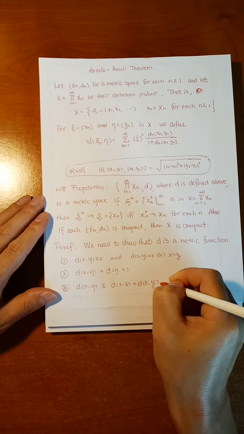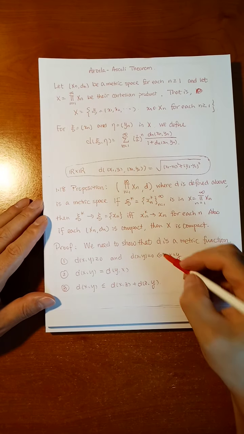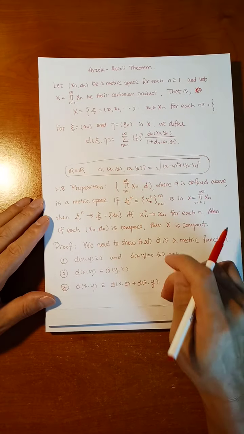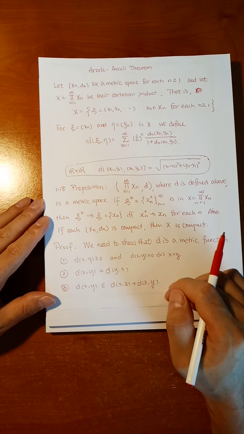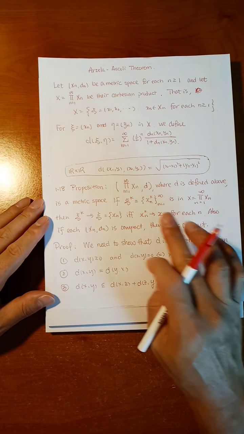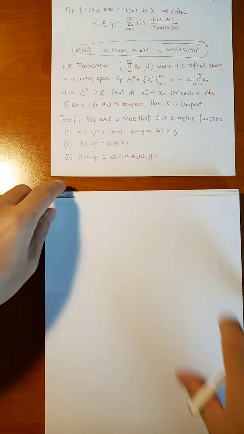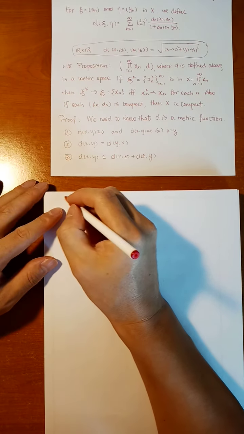Usually the first and second conditions can be verified easily or trivially. We just verify the third condition, the triangle inequality, for this D. Actually, we do not directly verify D satisfies the triangle inequality.